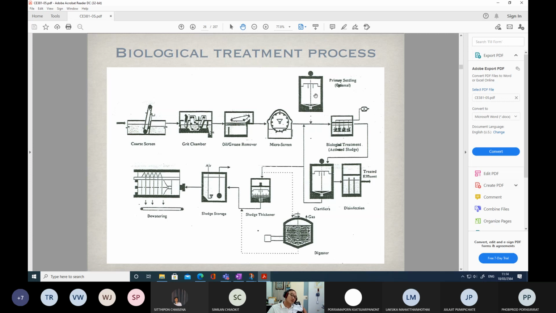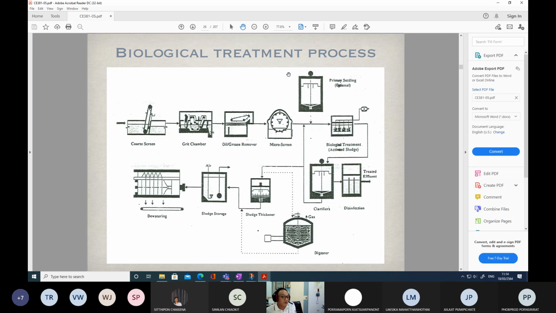Okay, so this process basically removes the contaminants by applying only the physical process. They don't apply any chemicals. They don't allow the biological reactions to happen.